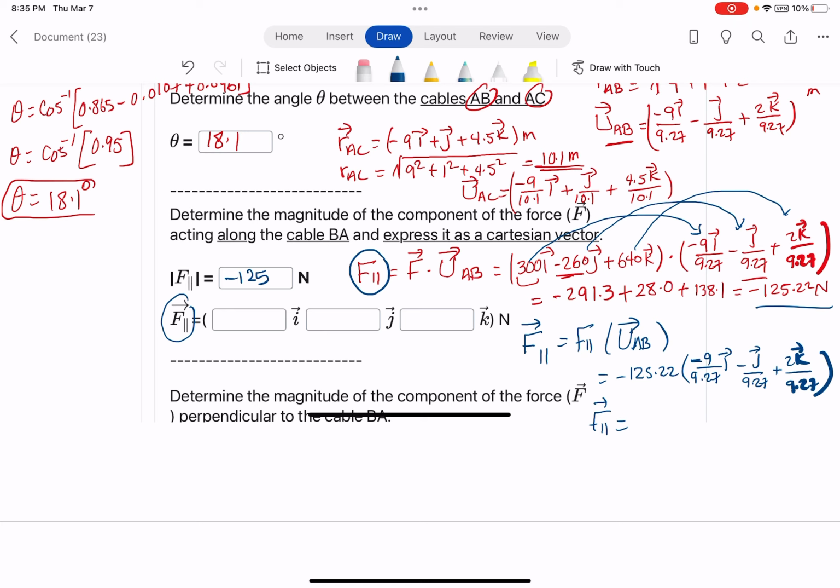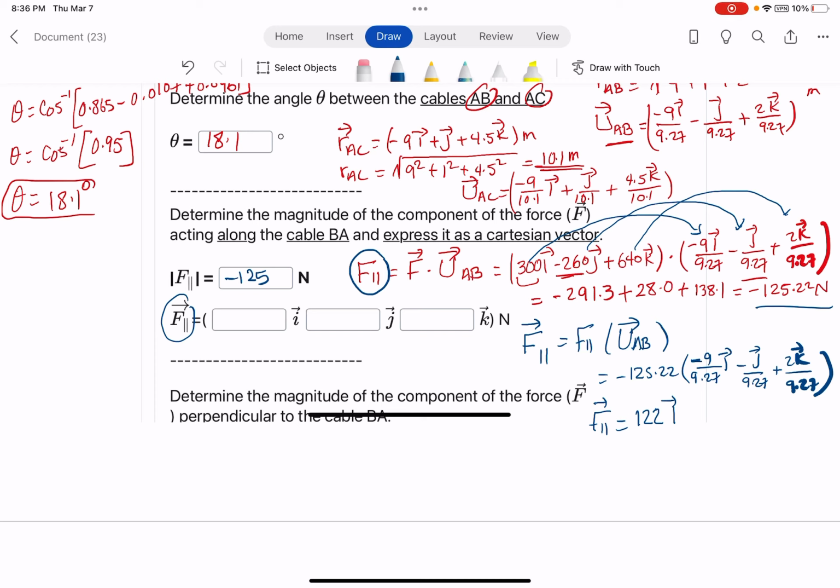We put here minus 125, and we put here the force parallel. Okay, so let's find out the force parallel. So let's do the calculator. 9 over 9.27, that is minus times minus, which is 125.22, and that will give you 122I.